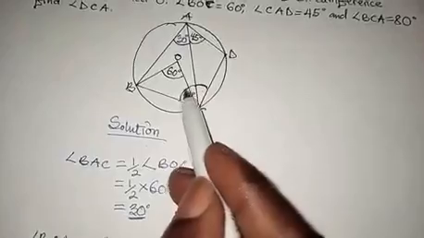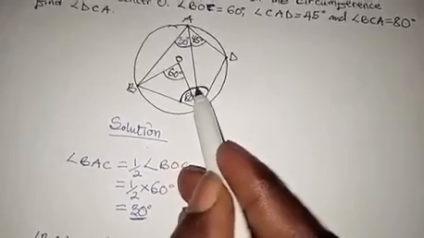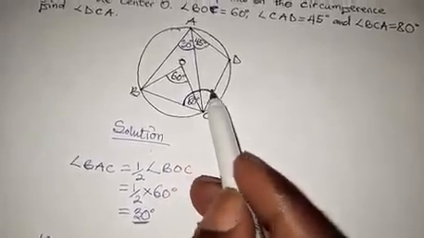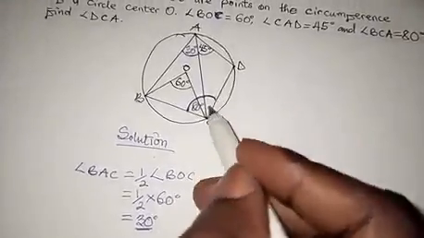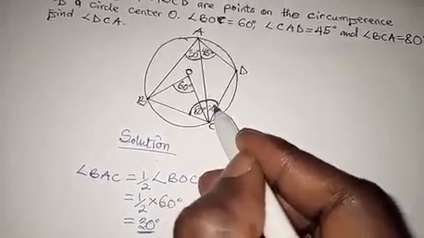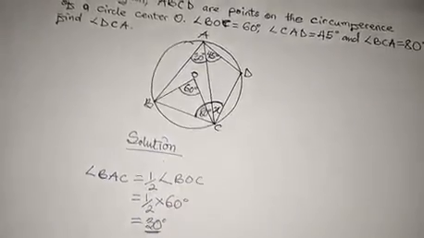From here to here is only 80. So how do we find the rest? We don't know, so let's represent it as X.